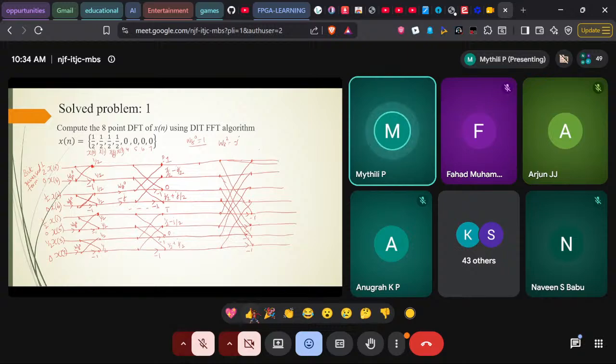So before that, what do we need to do here? You need to multiply with the W's. W8 of 0, that is 1. W8 of 2 will come here, minus j. Then here, one by root 2 into 1 minus j.